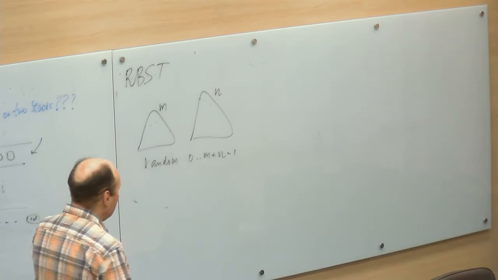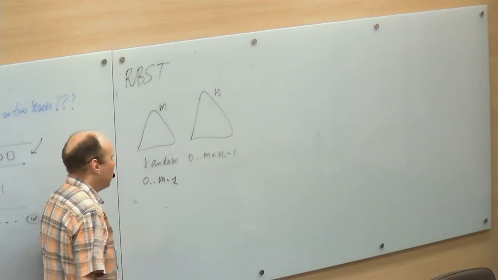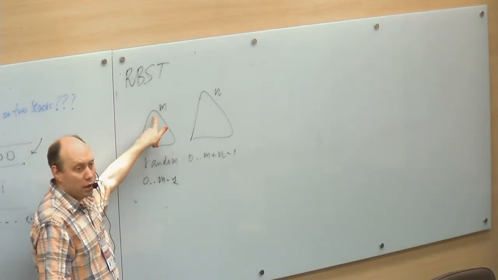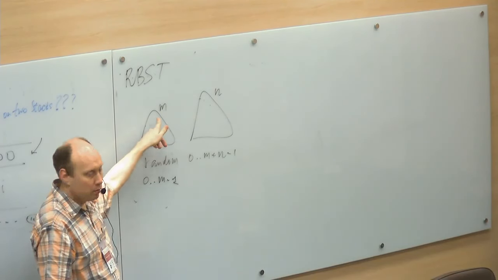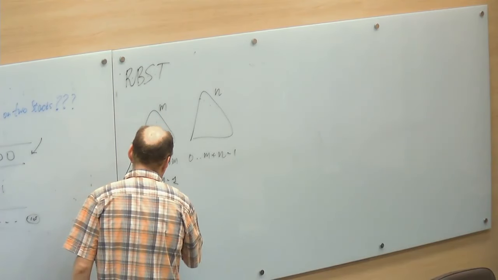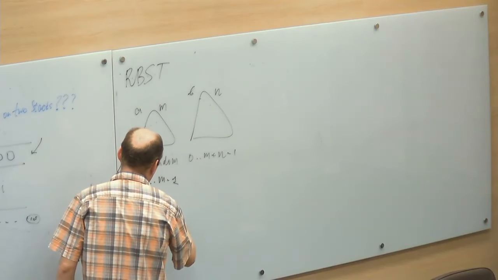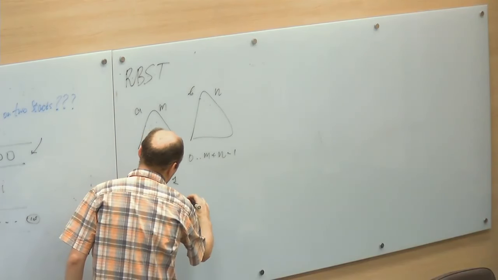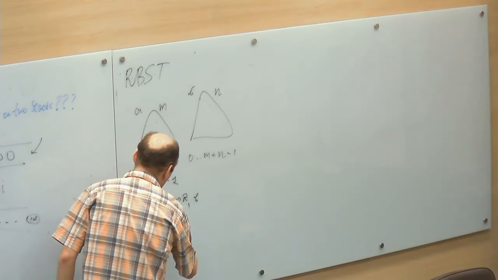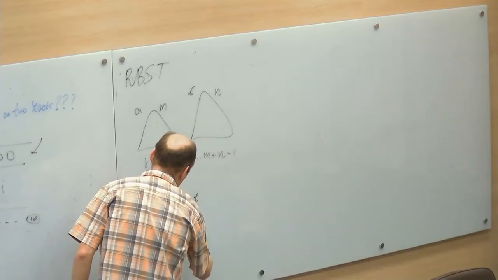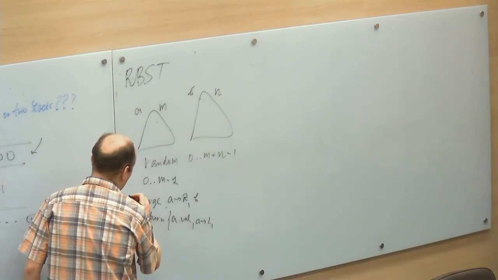Then, if this number is from 0 to m minus 1, the root of the first tree becomes the root of the merged one. So it's A, B: merge A right and B, and return A value, A left, and the new one.